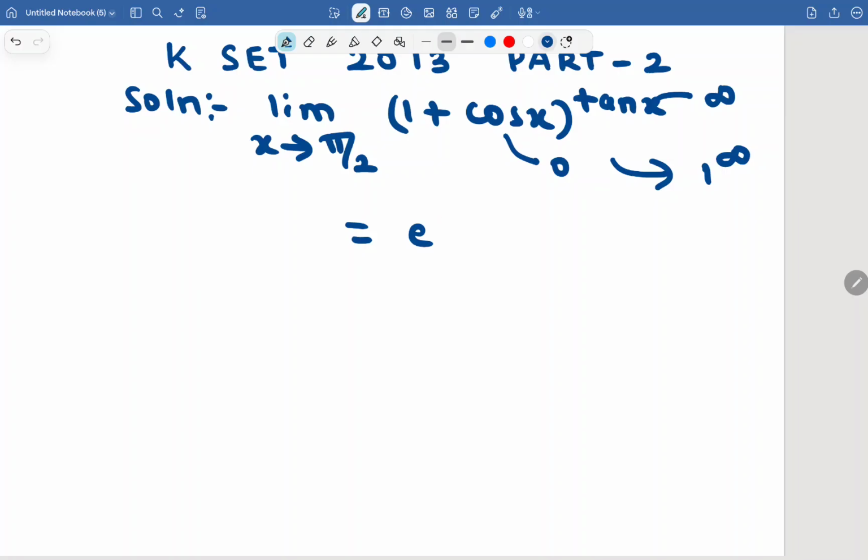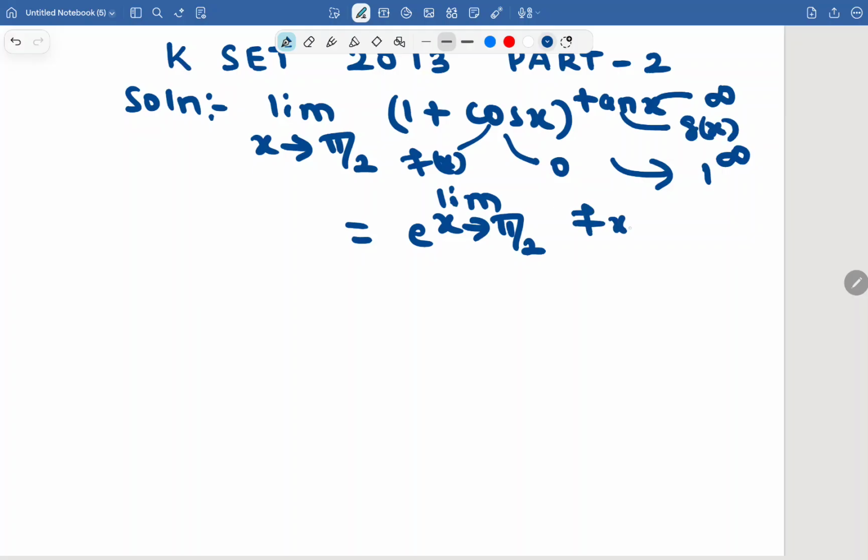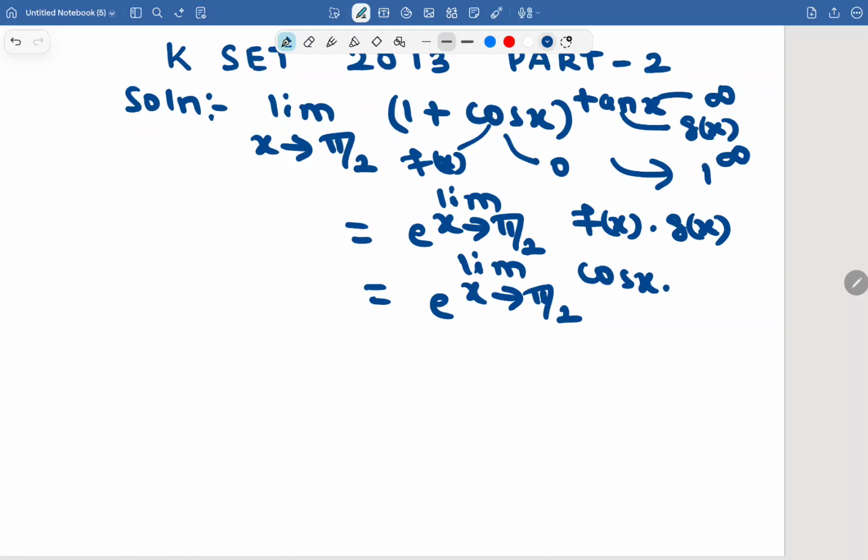For a problem of the form 1 power infinity, write e power limit x tends to pi by 2 of f of x into g of x. If you take this one as f of x, this one as g of x, we can write f of x into g of x, e power limit x tends to pi by 2 cos x.